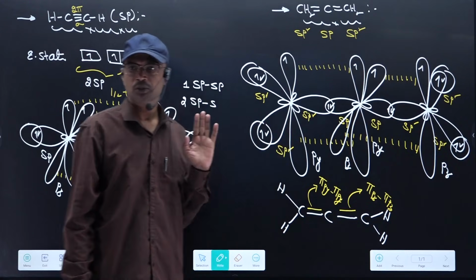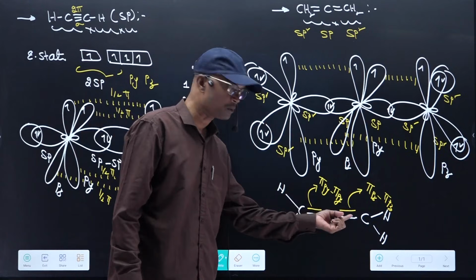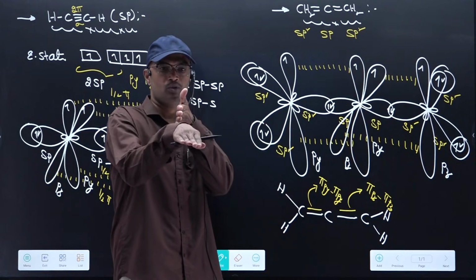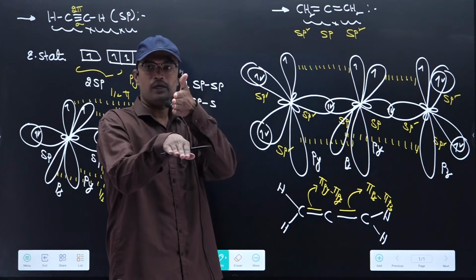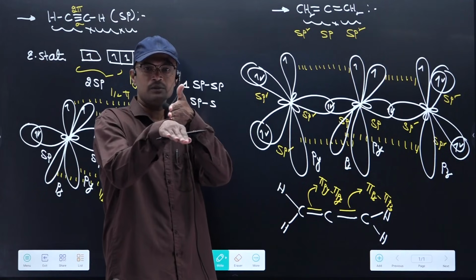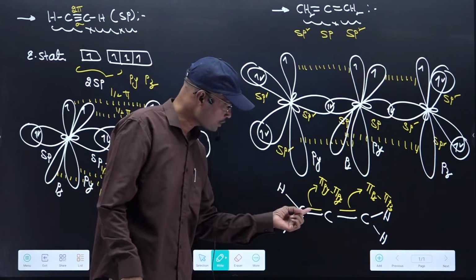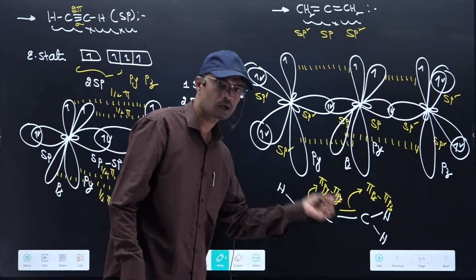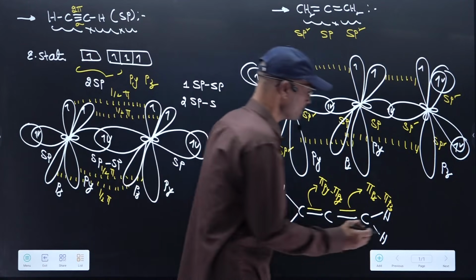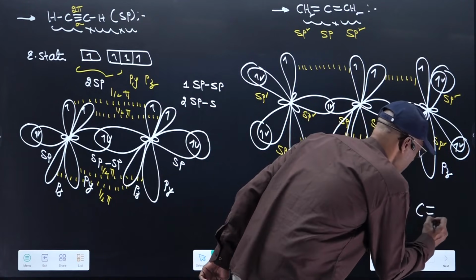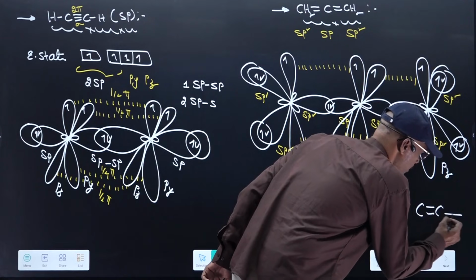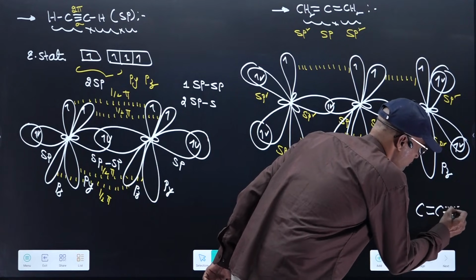Perpendicular to each other or not? So this pi bond and this pi bond are not in one plane. This one is vertical and the other pi bond is horizontal. So overall we can write the structure like this. See, this carbon vertical, this carbon horizontal, this is a thick line, this is a dotted line.